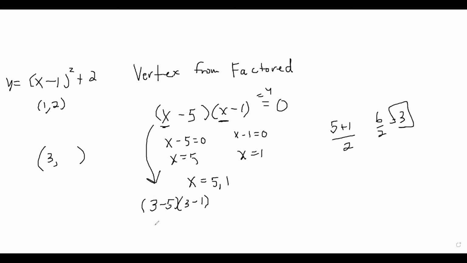So 3 minus 5 is -2, times 3 minus 1, which is 2, and that'll be -4. So that's our y value of the vertex. Like I did in the last one, we could rewrite this in vertex form, but that's not the point of the video right now. So please pause the video, write this down if you don't have it, and we're going to jump into our last example.